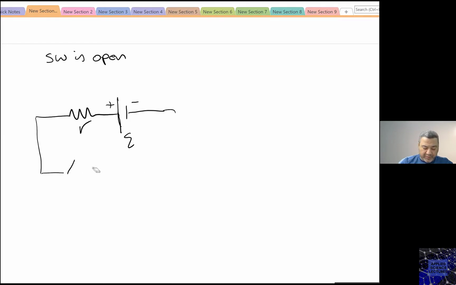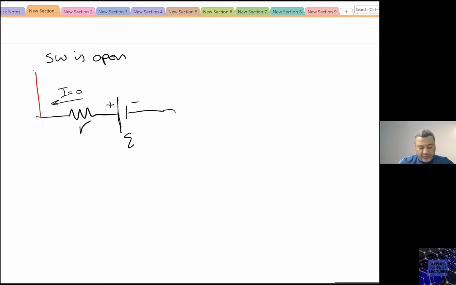It will not affect my circuit. Now it's an open circuit, so the current going in this circuit is zero. So the current going into this resistance is zero.